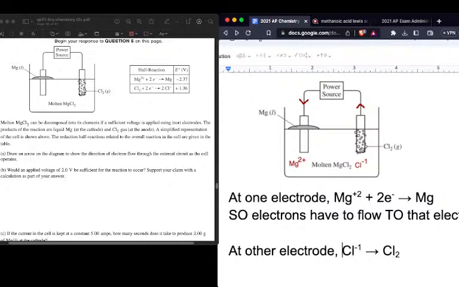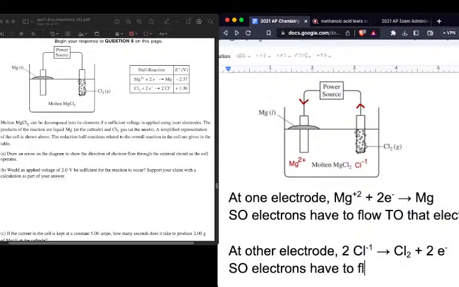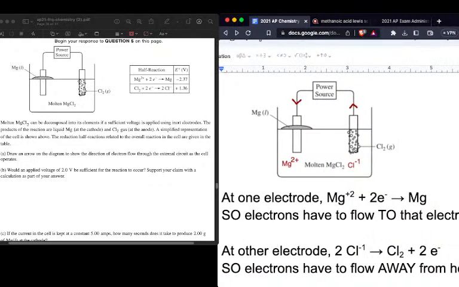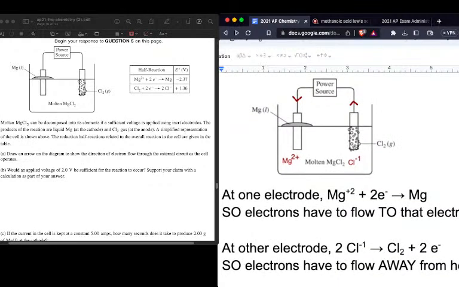Now we are going to need 2 chlorides for that, but where are the minus charges going to go? Well, they are going to be spat out as electrons, so electrons have to flow away from here. Which is why I have an arrow up at that electrode, showing electrons going into the power source there, and coming out of the power source over here. That's the external circuit. Wow, good talk.